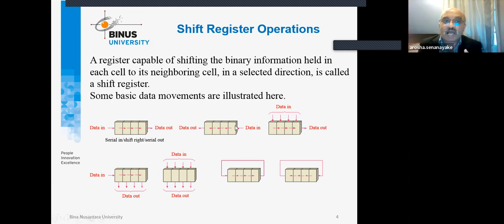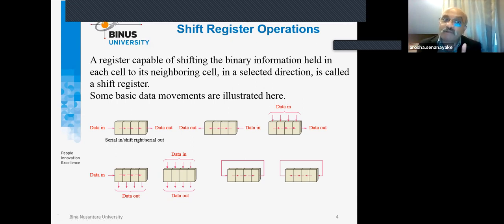So the idea behind a shift register in this case is shifting the bit to the right as it receives, as the D-type flip-flop receives. So the first bit, let's assume that it is 1, will be stored here in the first D-type flip-flop, also called the first box.